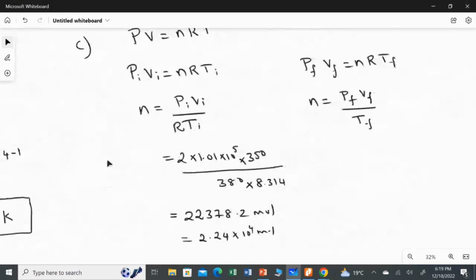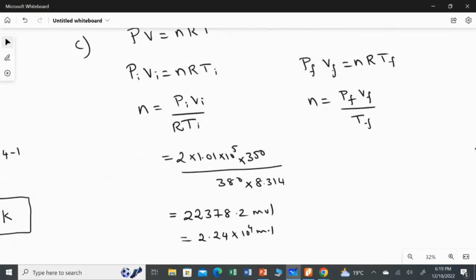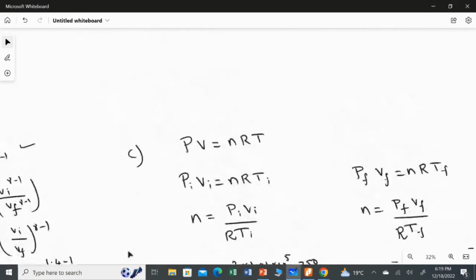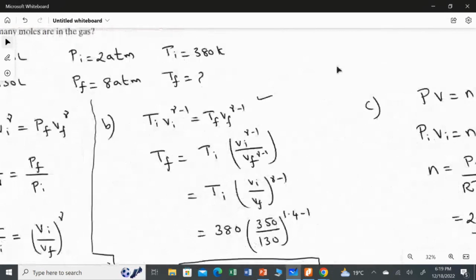If you use the second part, again you will get the same answer. So let's try this also. Our P final value, which is 8 atm, is 8 multiplied by 1.01 times 10 to the power 5 for converting into Pascal, and our V final value here is, I think, 130, right?